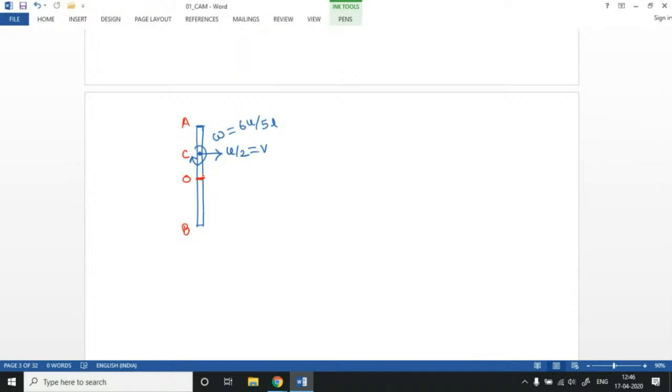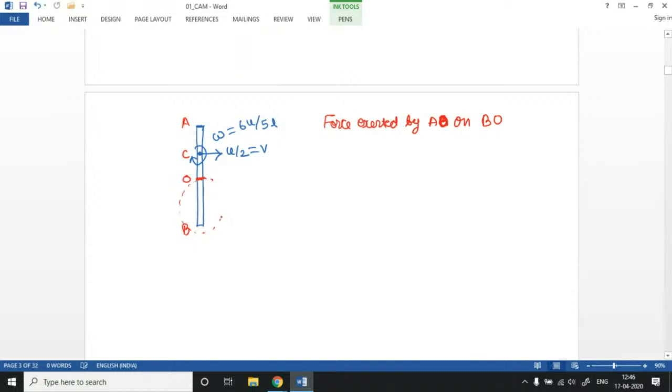Now I want to find out the force exerted by the upper half, that is AO, on BO. So what is the force exerted by the upper half on the lower half? This is the lower half.